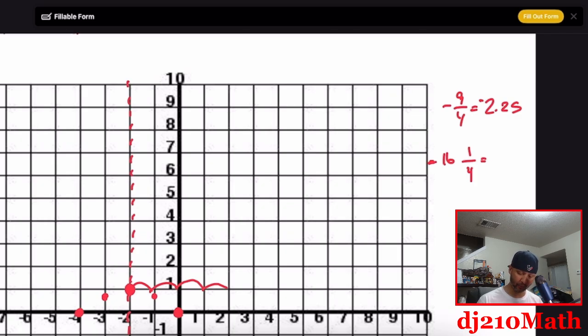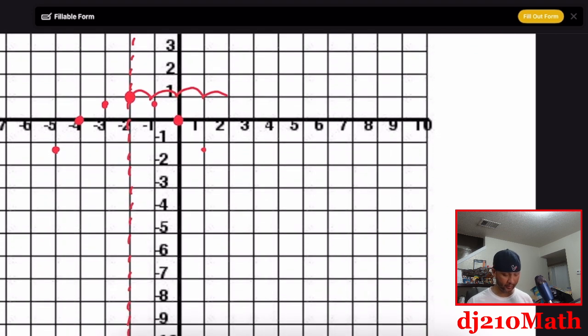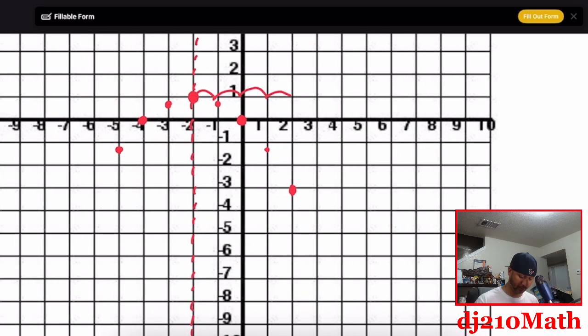So 16 over 4, this would just be negative 4. Okay, so if we went over 4, we go down 4. 1, 2, 3, 4. All right, that's all I'm going to do. We'll reflect that over. 1, 2, 3, 4. And that's really all we need.